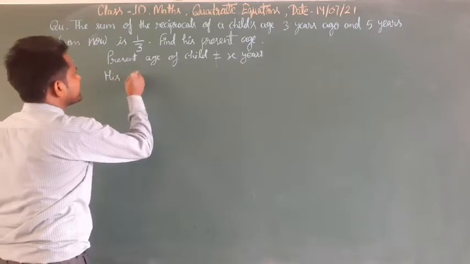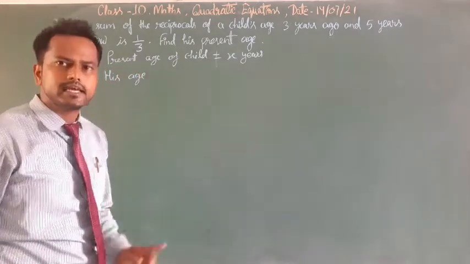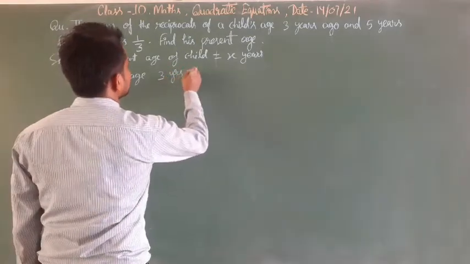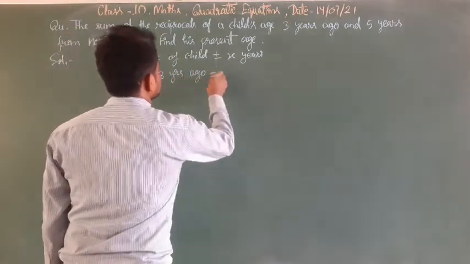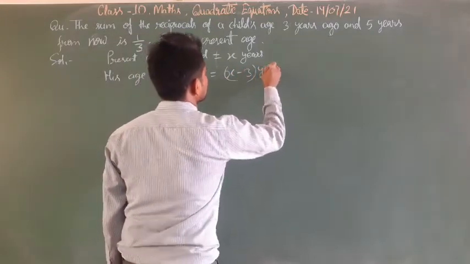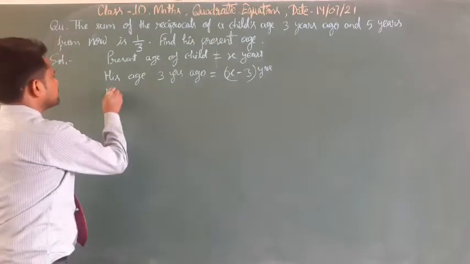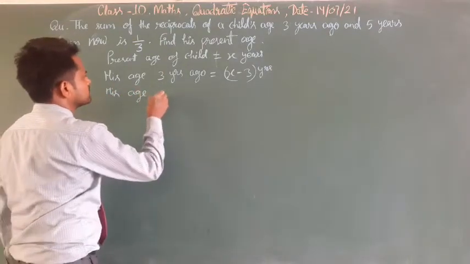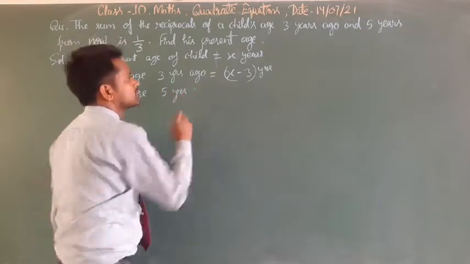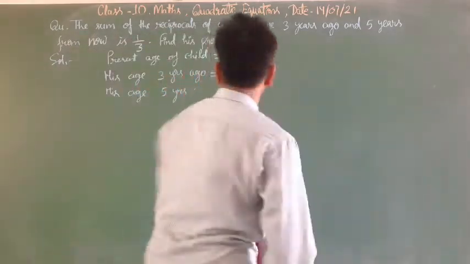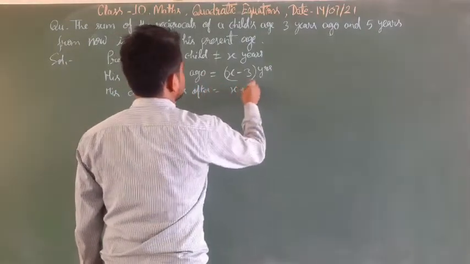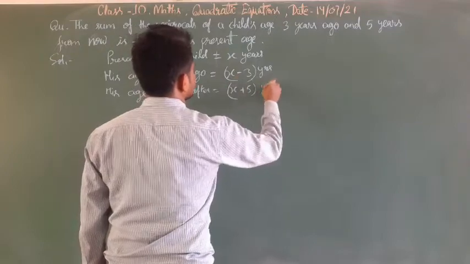His age 3 years ago will be x minus 3 years, and his age 5 years after, that is x plus 5 years.